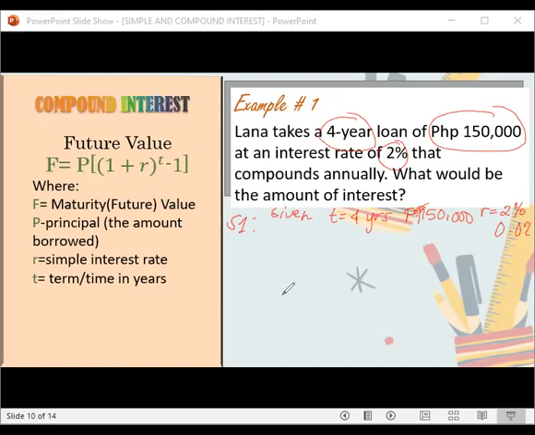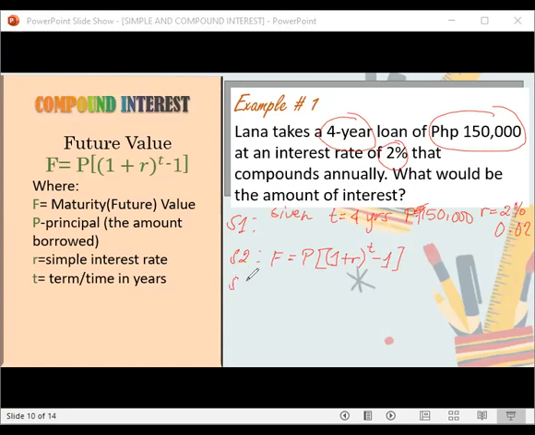So what would be the amount of interest? So step number 2, apply the formula. So the formula is future value is equal to principal times 1 plus rate raised to time minus 1.